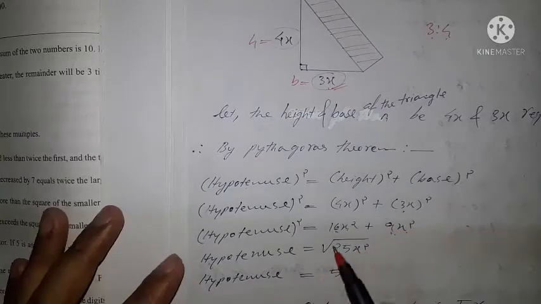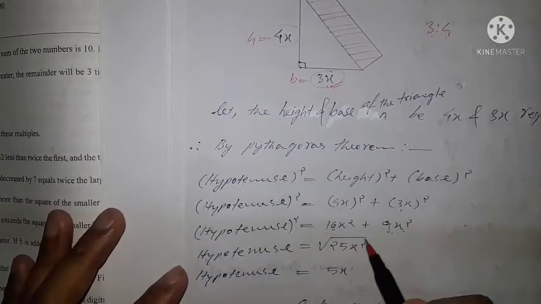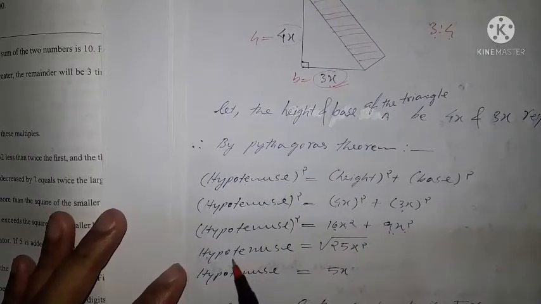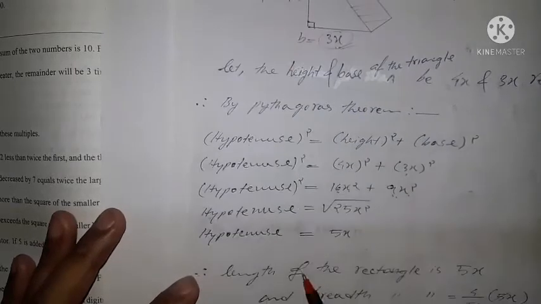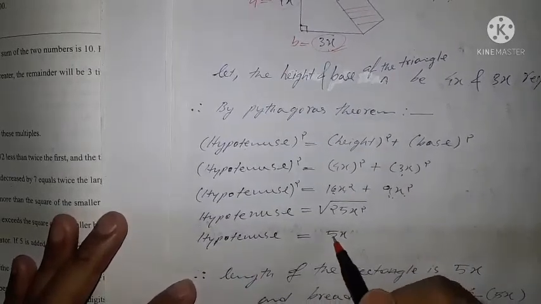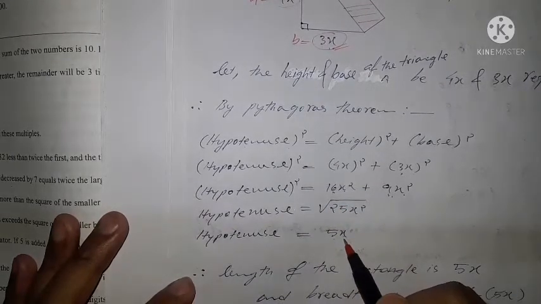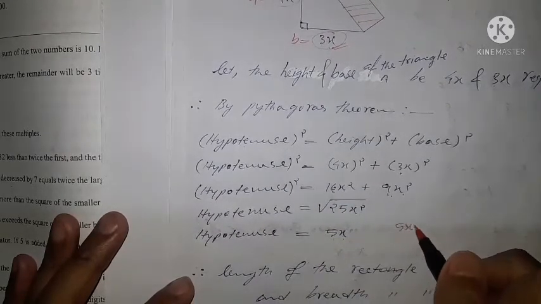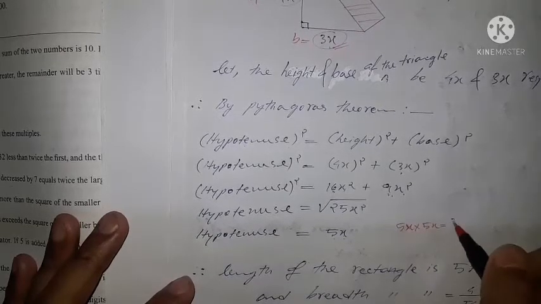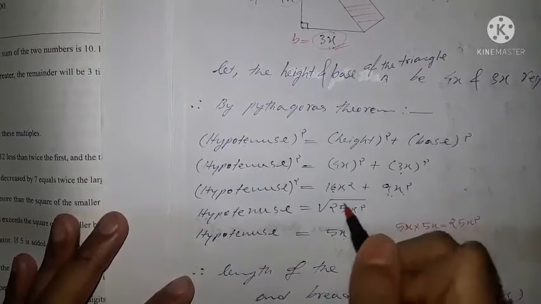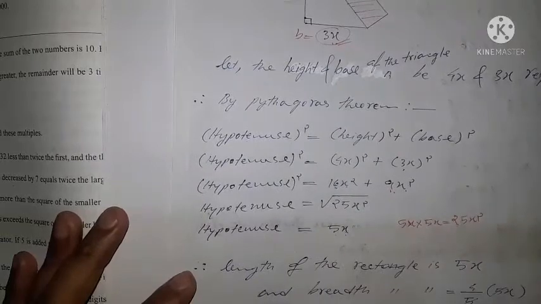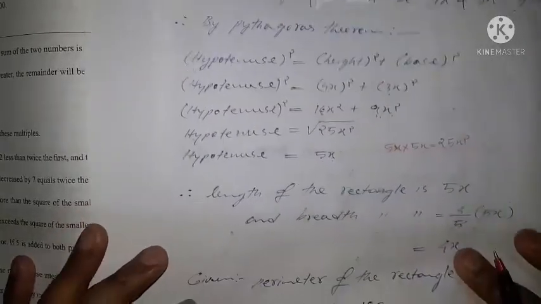If we take the square root on both sides, it will be the square root of 25x². On this side it will be the hypotenuse. Therefore the hypotenuse is 5x, since 5x into 5x gives 25x².